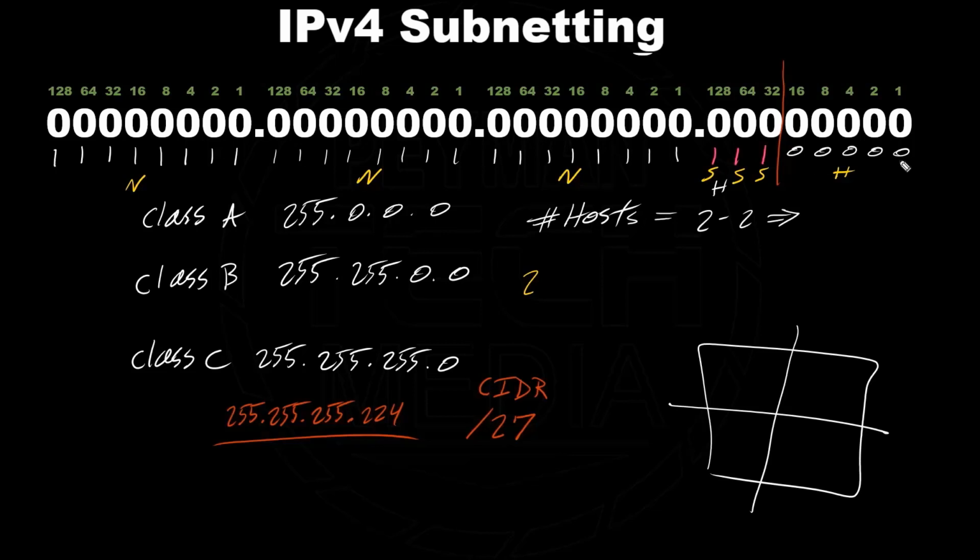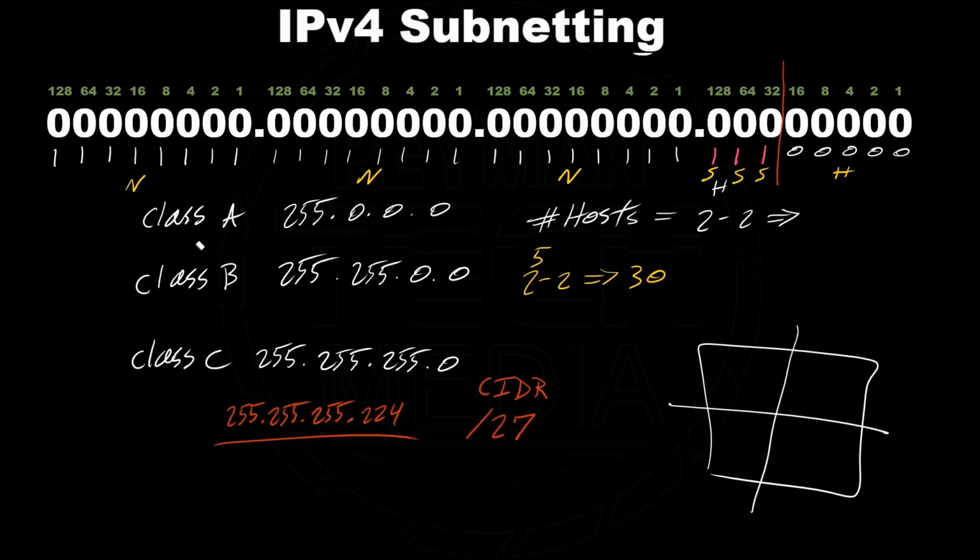So the zeros representing the host bits, we have only 1, 2, 3, 4, 5. 2 to the power of 5 minus 2. Again, minus 2 because of the network address and the broadcast address. So we do the minus 2 to get usable IP addresses, number of hosts that we can assign to the computers. So 2 to the power of 5, that's 32, minus 2, that's 30. So we will have 30 available IP addresses per subnet.